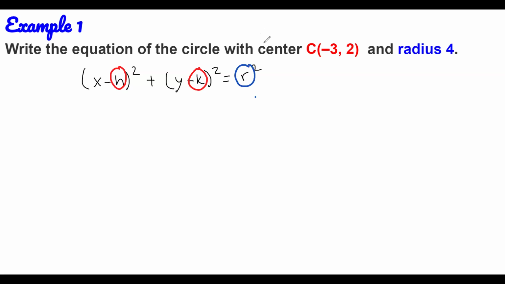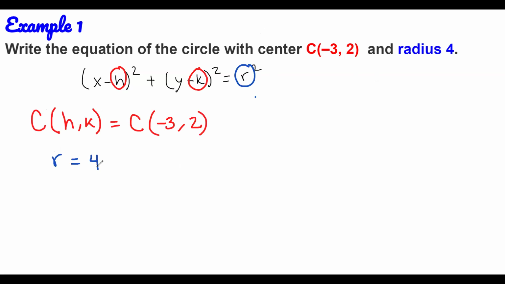Now, whenever we're given a center, we said that our center is going to be represented by h and k. So what is our center, guys? (-3, 2). We're also given the information of our beautiful radius. What is my radius? 4. So that means that r is going to equal 4.